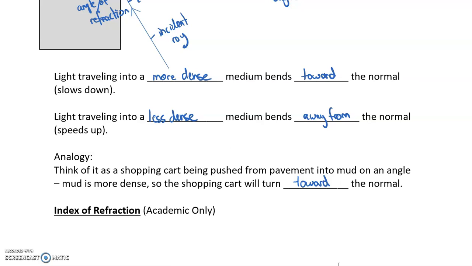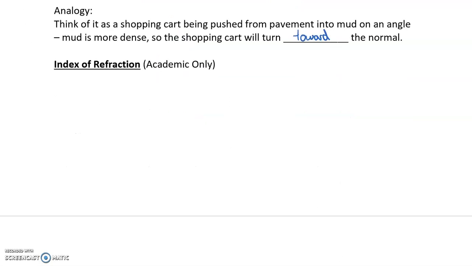If you're in the academic class, we're going to now look at the index of refraction. Since light speeds up and slows down as it goes from one material to another, the index of refraction is simply a ratio of the speed in one material to the speed in another material. So let's write down this definition.